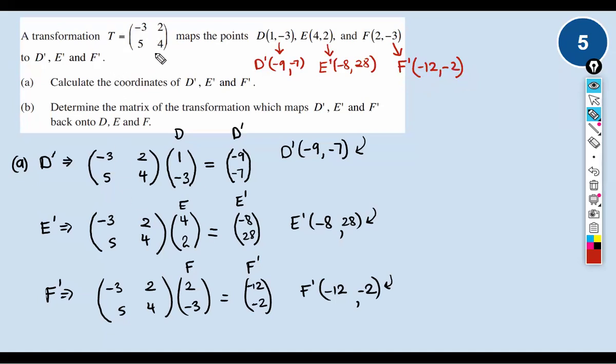When we applied this matrix, by applying the matrix I mean we multiplied all points by the matrix, we moved from the regular letters to the prime letters. That is what that matrix did, right?